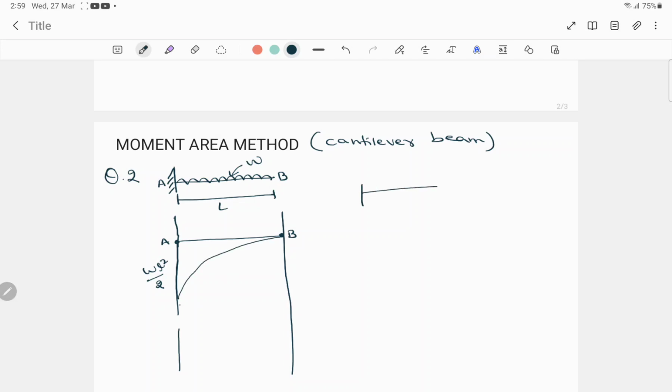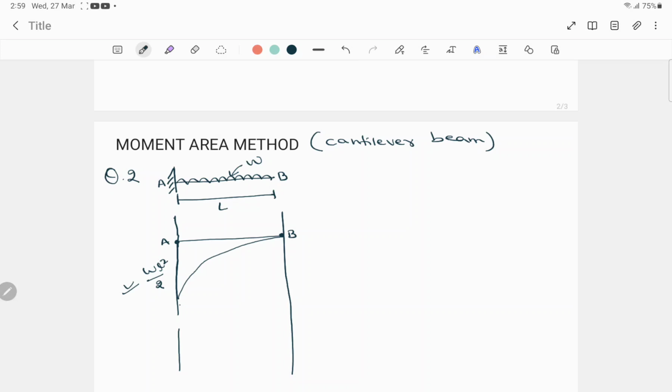If it were a point load acting, the bending moment diagram would be a straight line, but in the case of a UDL the bending moment diagram will be a parabolic diagram.